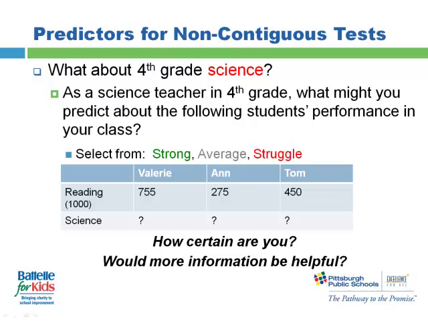Looking at these reading scores, what guesses can you make about the performance of these students in science? You may have said that Valerie has a strong chance of doing well in science. Anne will probably struggle, and Tom will more than likely have average performance in science.